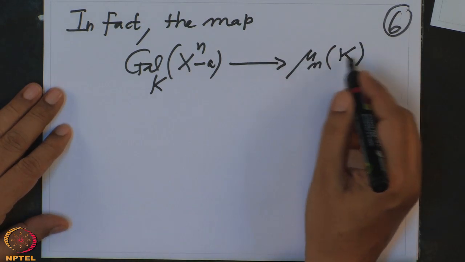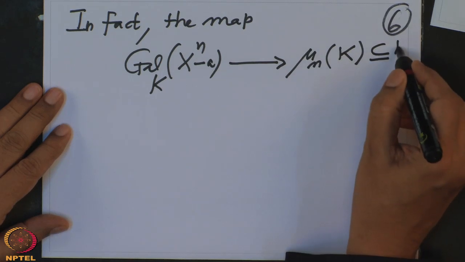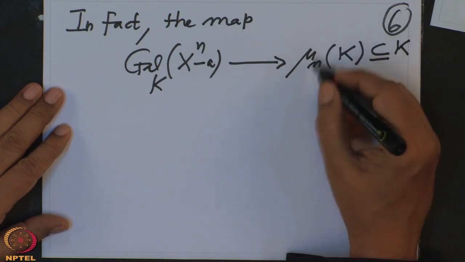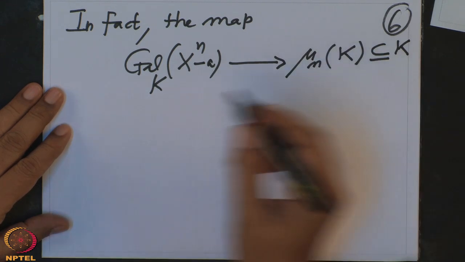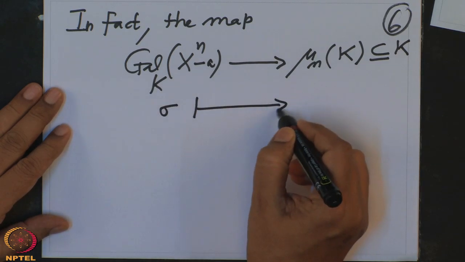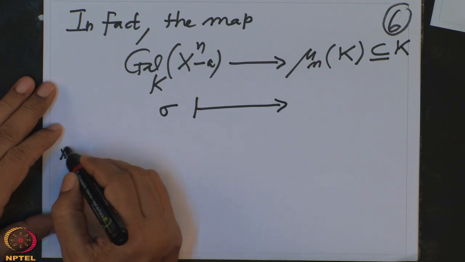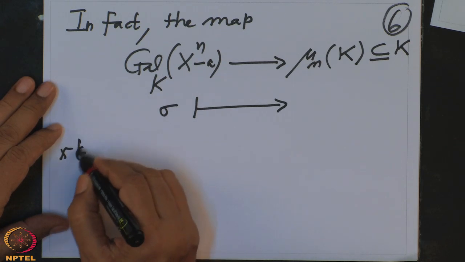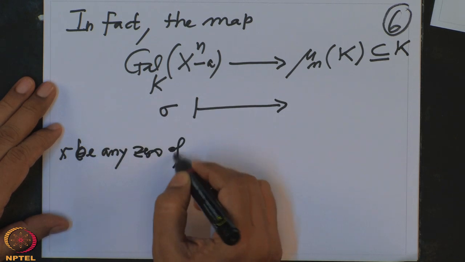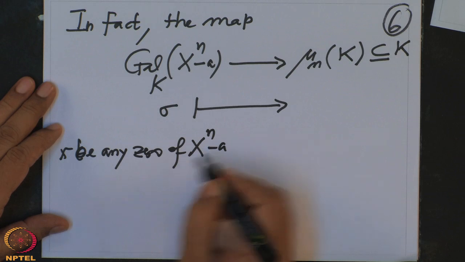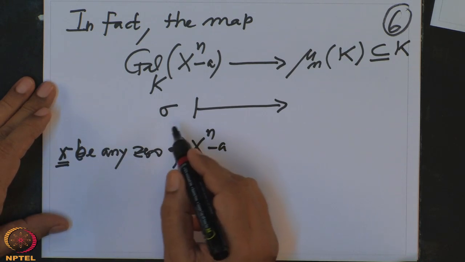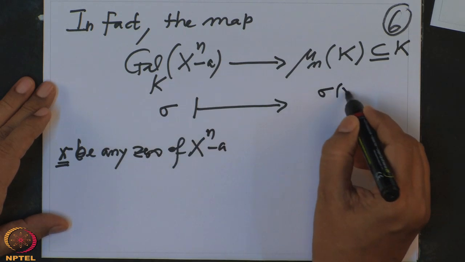This is cyclic of order n, and we are assuming this is contained in K, so all nth roots of unity are lying in K. I want to give you a map first. Take any sigma and map it where? Fix any root: let x be any zero of x^n - a in the splitting field, of course. Fix that, and map this sigma to sigma(x)/x.